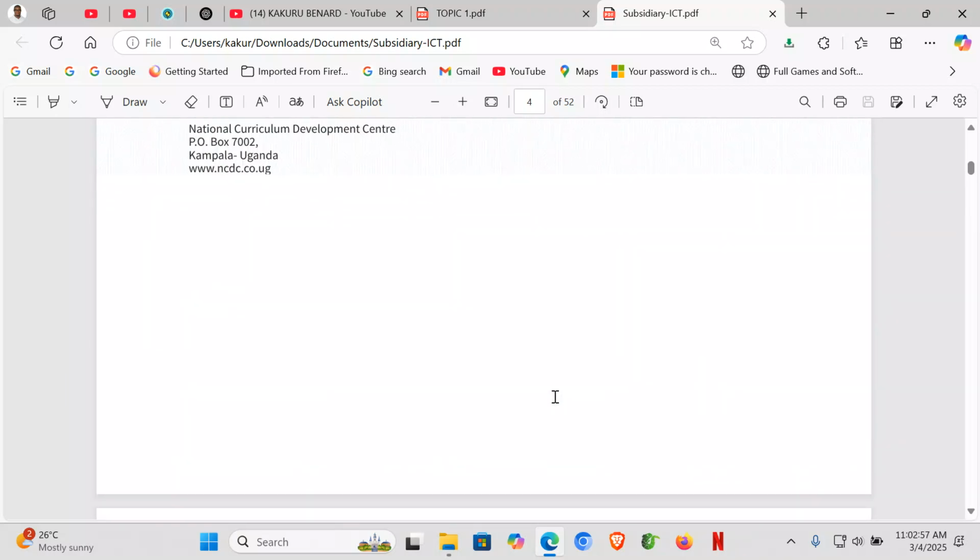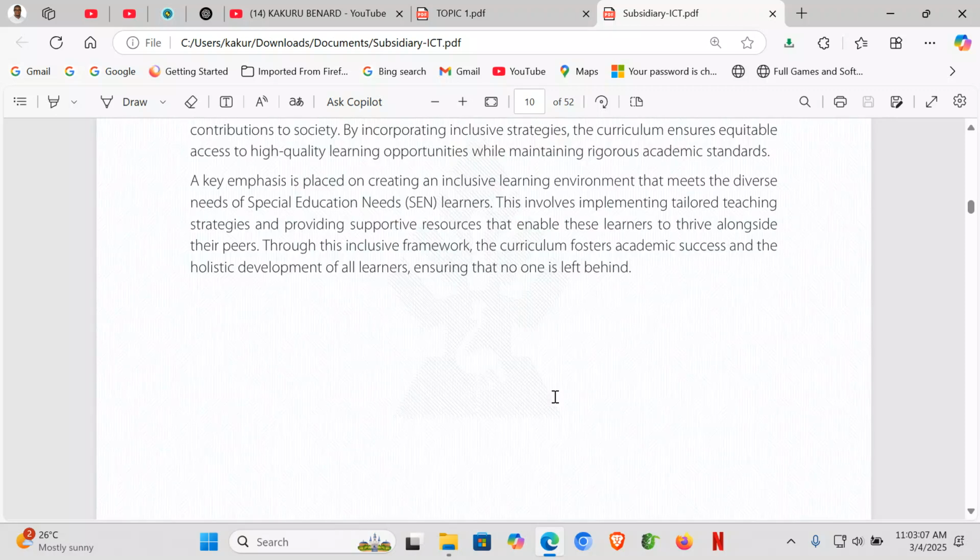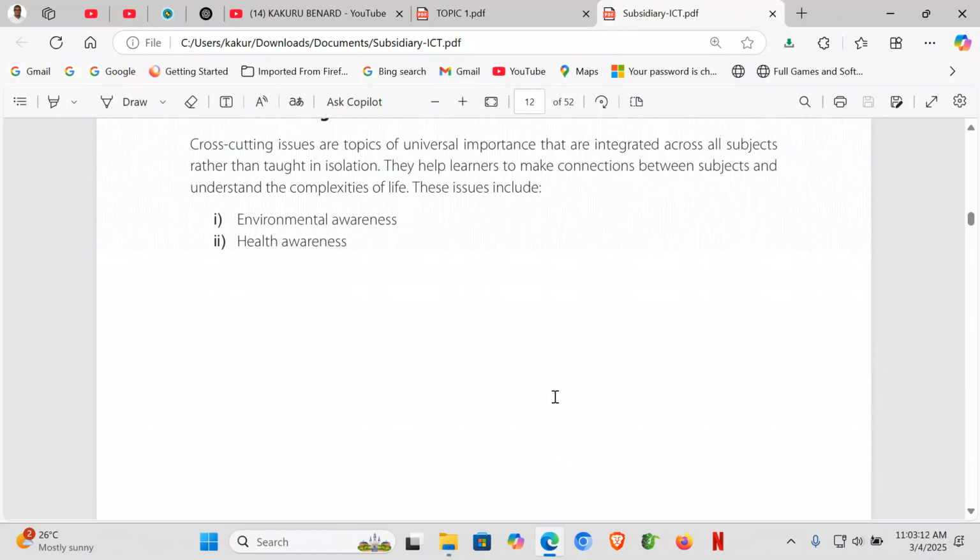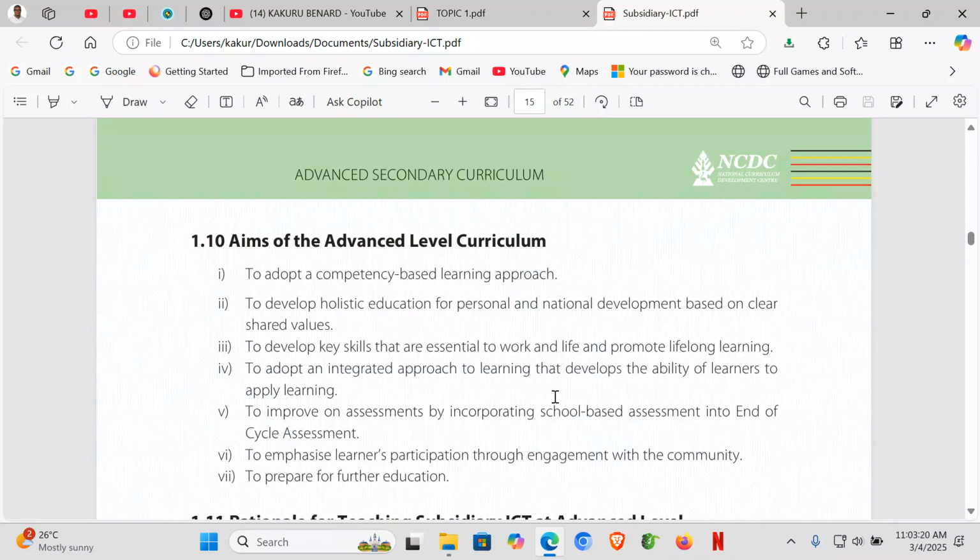You start with all the preliminary pages, you read through what the curriculum is all about. Understand the curriculum. After understanding the curriculum, continue to the detailed topic per topic. When you go to the detailed topic section, make sure you understand the topic.